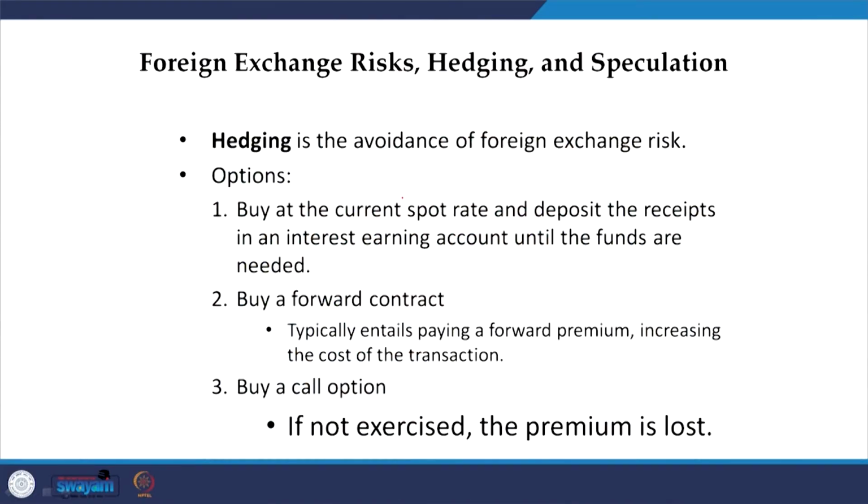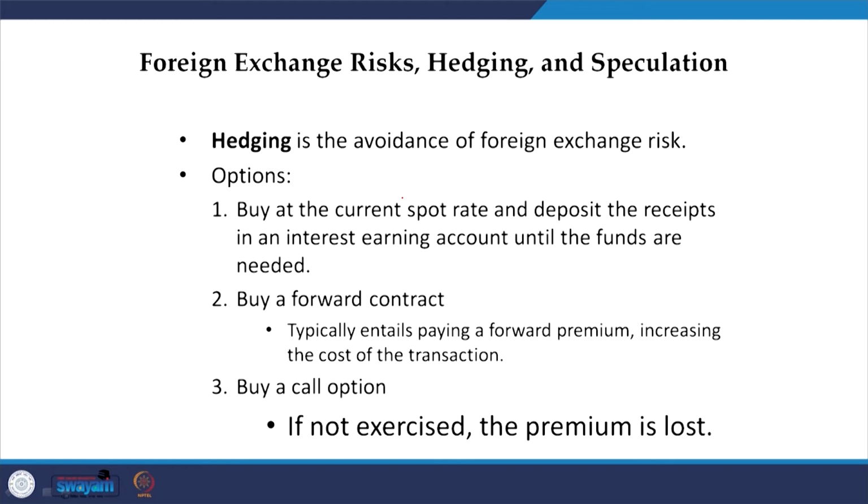So, in case of options, what kind of dealings are there? Buy at the current spot rate and deposit the receipt in an interest earning account until the funds are needed. So, that is one option where hedging risk can be reduced.